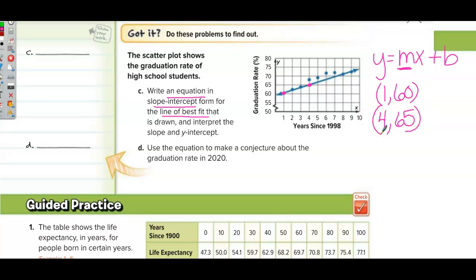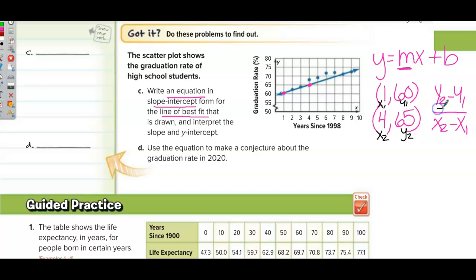So to find my slope, I'm going to use those 2 points and the formula y2 minus y1 over x2 minus x1. Hopefully you remember that this would be x1, this would be y1, this would be x2, and that would be y2. So now I'm just going to plug it into my formula.